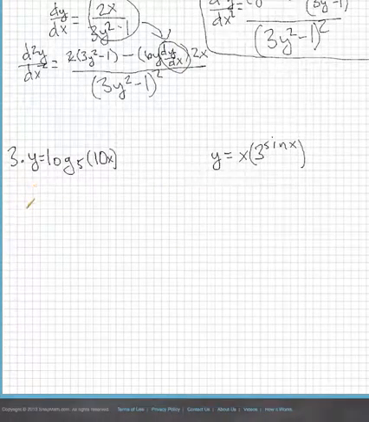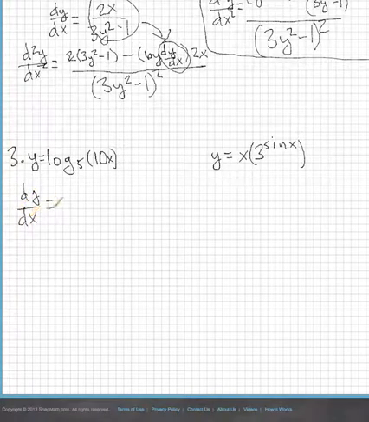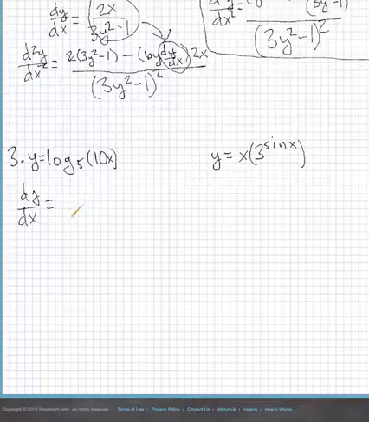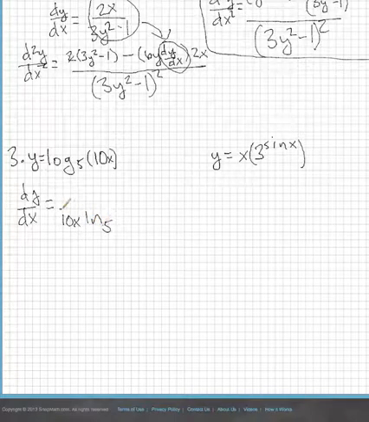Okay, we're going to take the derivative here. So dy/dx equals, and this is going to be the derivative of the outside function. We're just doing the chain rule here. So that's going to be 10x natural log of 5 over 1.